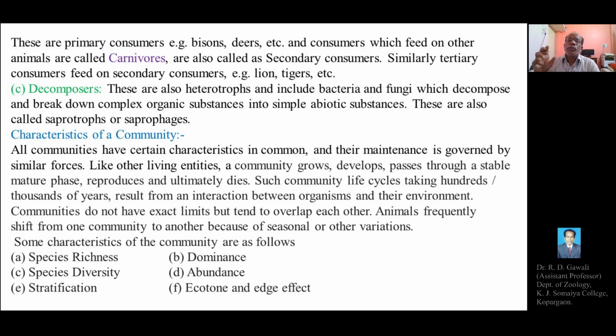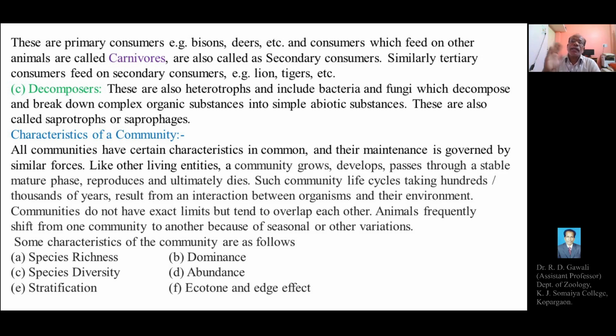So, the decomposers are the microorganisms, including bacteria and fungi, which are also heterotrophs, which are also unable to synthesize their own food, and they are dependent for their food or food energy on other organisms, that is plants and animals.